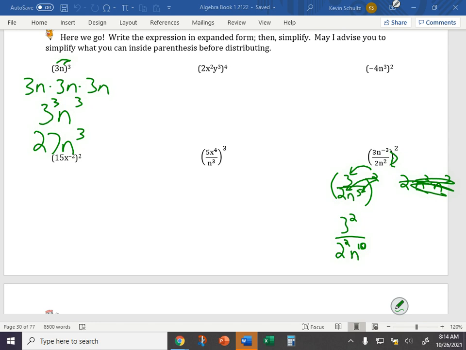In expanded form, what's being squared? Negative 4n cubed, right? So when we write this out, negative 4n cubed times negative 4n cubed. Okay? The parentheses aren't necessary in this case. I'm putting them, however, because if I don't want to multiply out this -4, this is wrong.